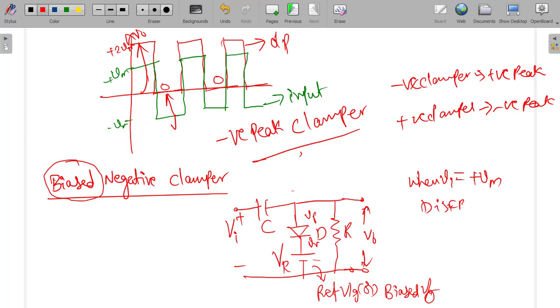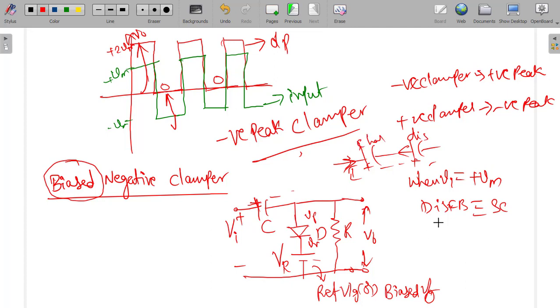Whenever the diode is forward biased, it is a short circuit, and the capacitor starts charging with the left plate positive and right plate negative, because whenever it is charging, the current direction will be plus towards plus. Whenever the current direction is outwards from the plus, then it is discharging.